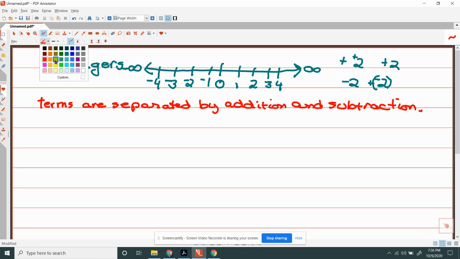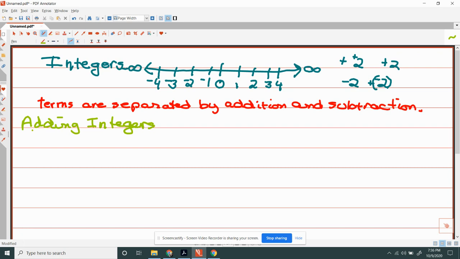Okay, let's talk about adding integers. So we can add positive integers like 1 plus 1. We can add negative integers, negative 1 plus a negative 1.